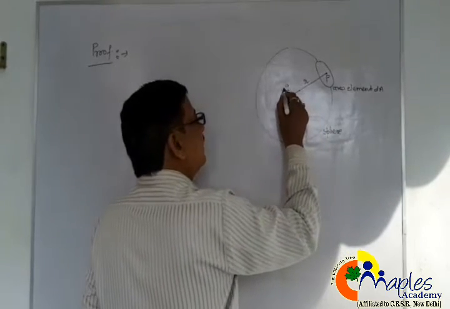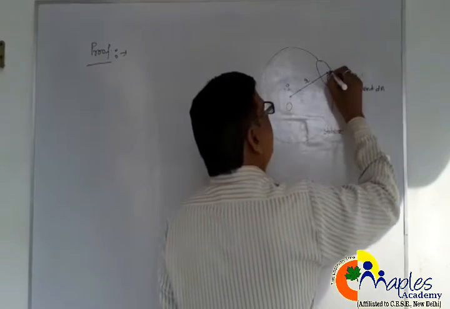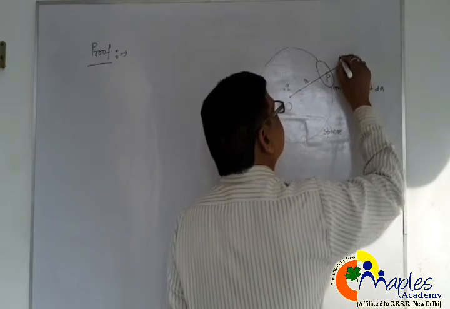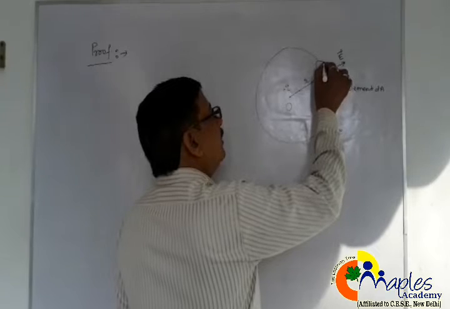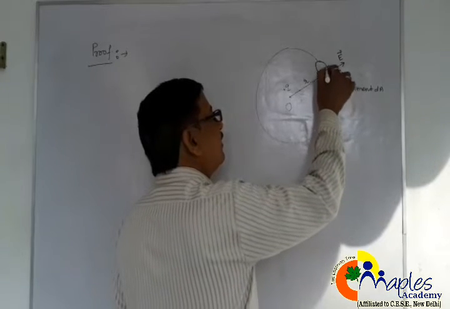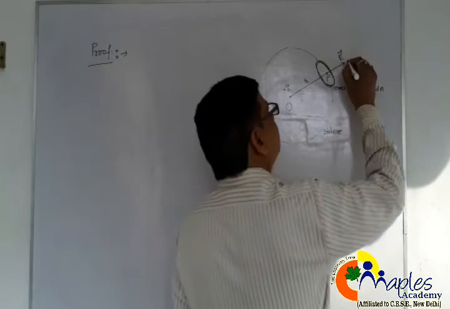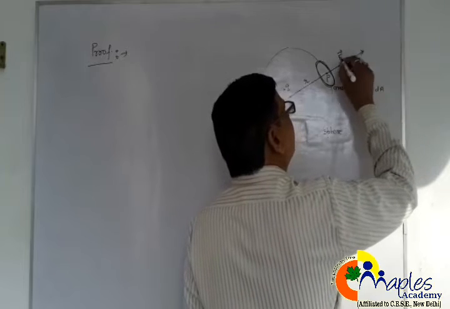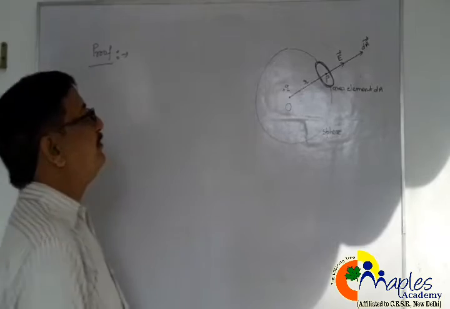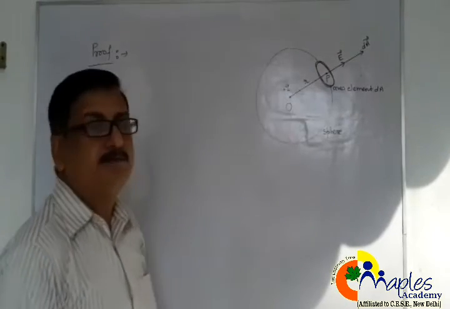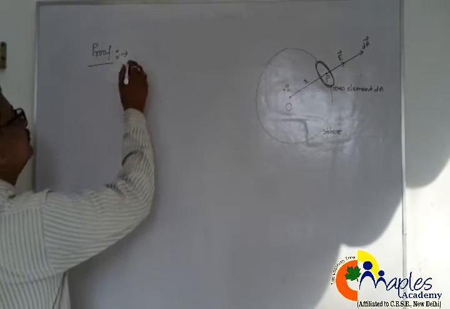Due to this positive charge, the direction of electric field E will be away, and the direction of area vector of this element will be perpendicular to the surface. So the angle between E vector and dA vector is 0.